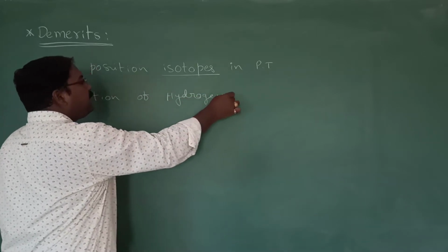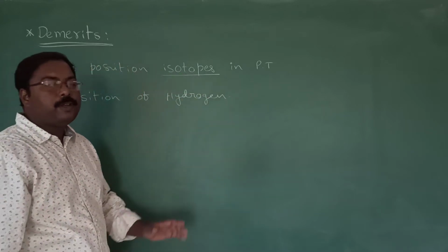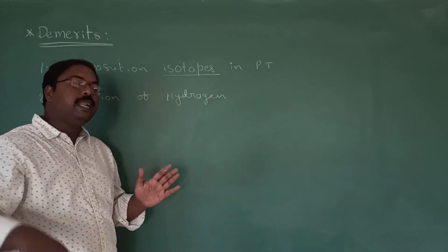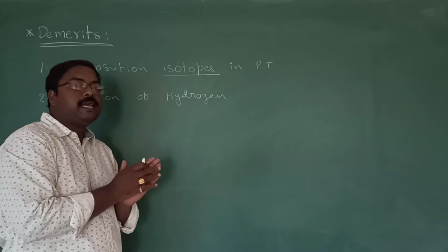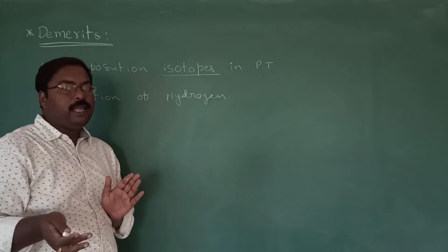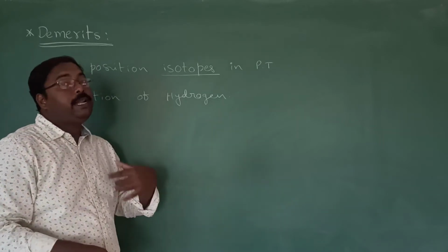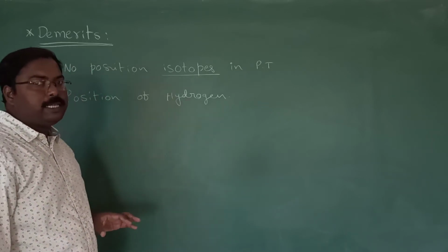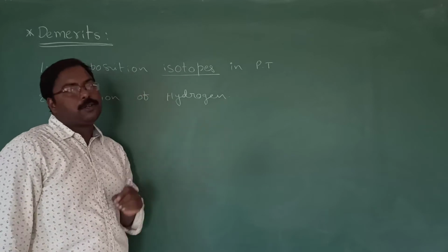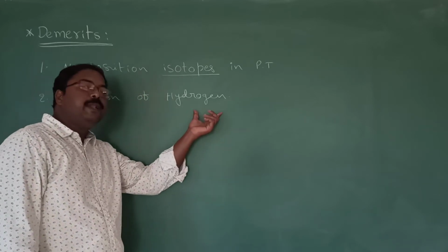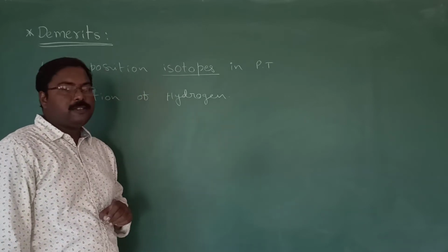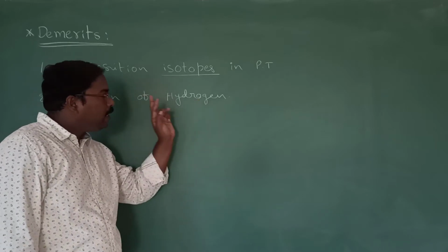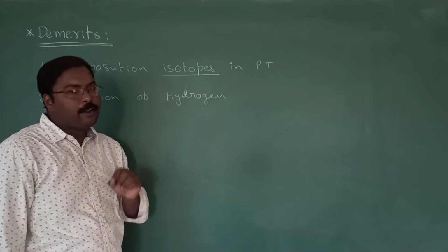Because hydrogen has similarity with the properties of first group elements, the alkali metals, as well as the halogens. We will discuss further how it has this similarity. Now, coming to the position of hydrogen, he placed hydrogen in the first group, but it also has similarities with the halogens. That is why the position of hydrogen is a drawback.